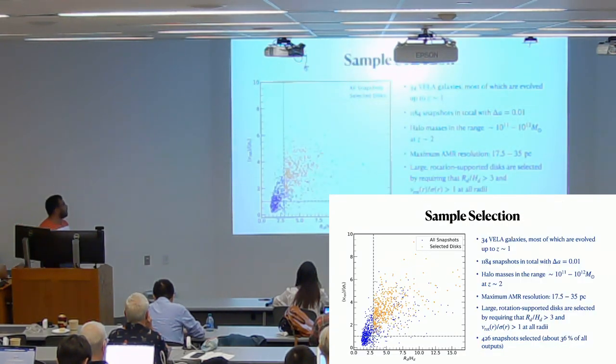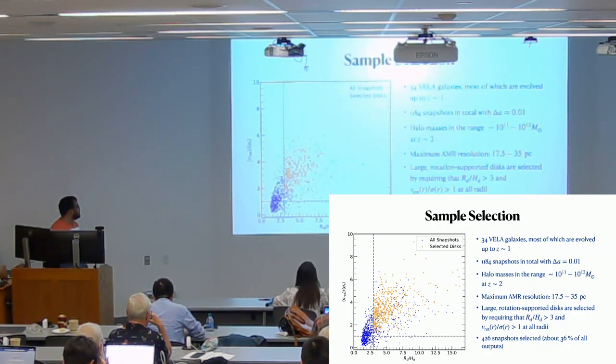We look at all the 34 different Vela galaxies, and from there we select disks. We have a criterion for selecting disk galaxies. There are about 1184 snapshots in total, and the halo masses range from 10 to the 11 to 10 to the 12 at z equal to 2. So we select large galaxies.